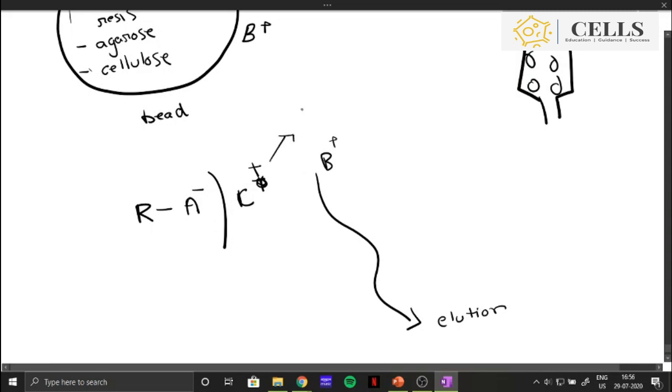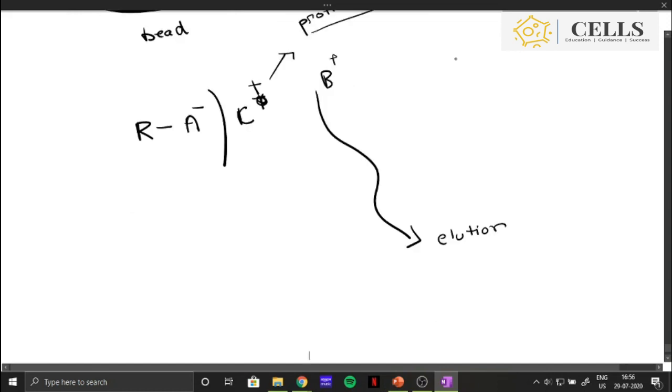C plus is your protein of interest. This is the fundamental principle of chromatography.